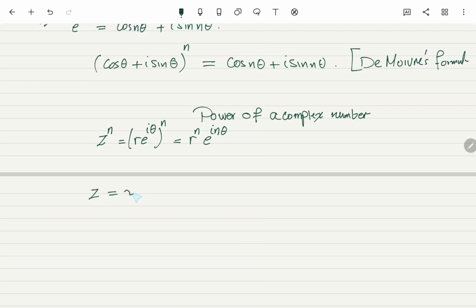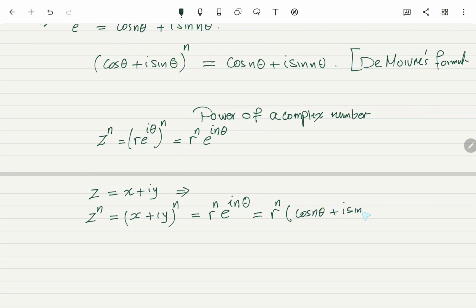And if z is x plus iy, then z to the power n equals (x plus iy) to the power n, or equal to r to the power n e to i n theta, which equals r to the power n, and we should use here the de Moivre formula, times (cosine n theta plus i sine n theta).